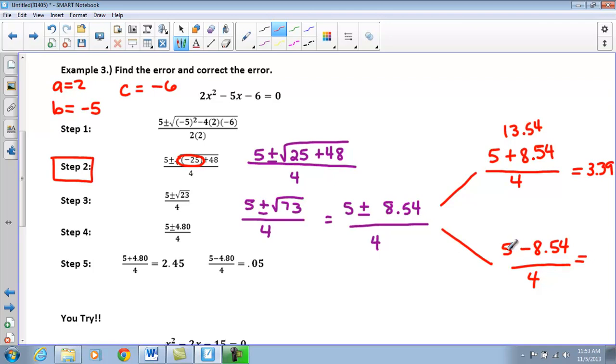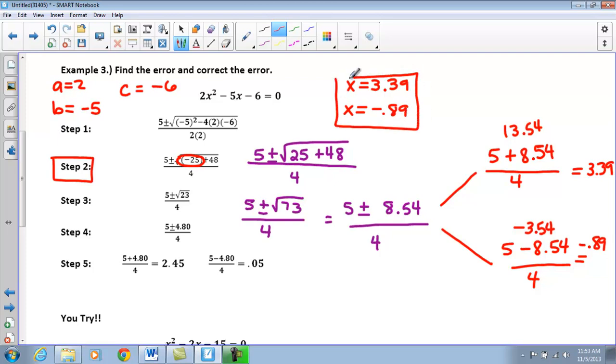On the bottom here, we have 5 minus 8.54, so this gives me a negative 3.54. We divide that by 4 and we get negative 0.89. So my two solutions here are x equals 3.39 and x equals negative 0.89. So we found our error in step 2, and then we went through and finished the problem.